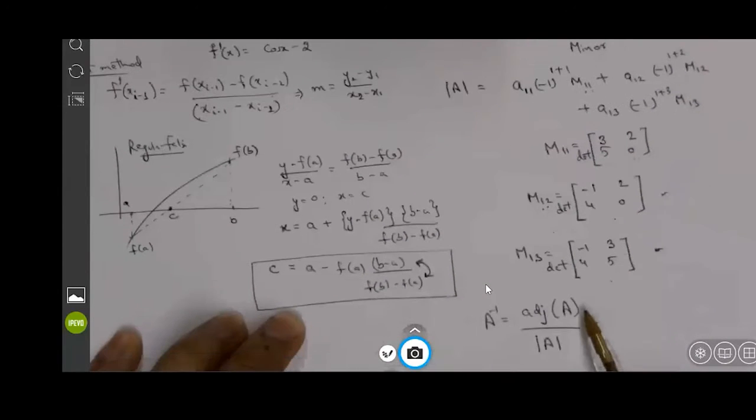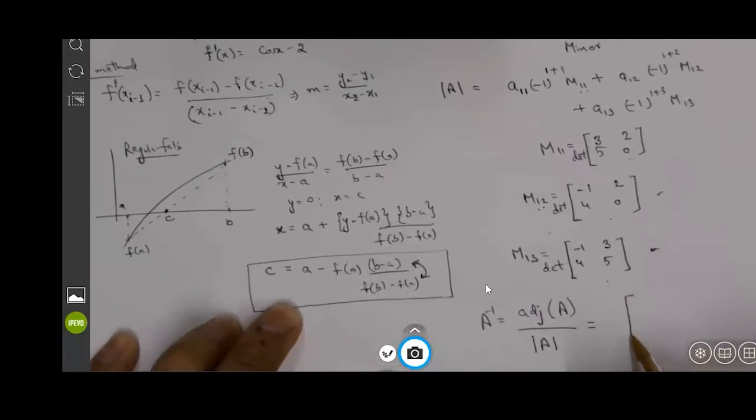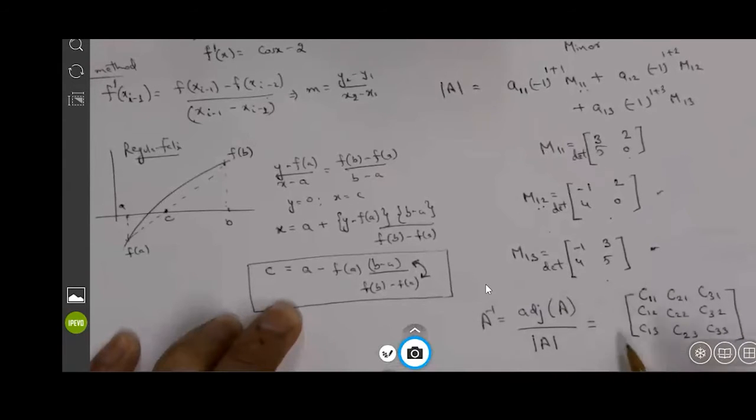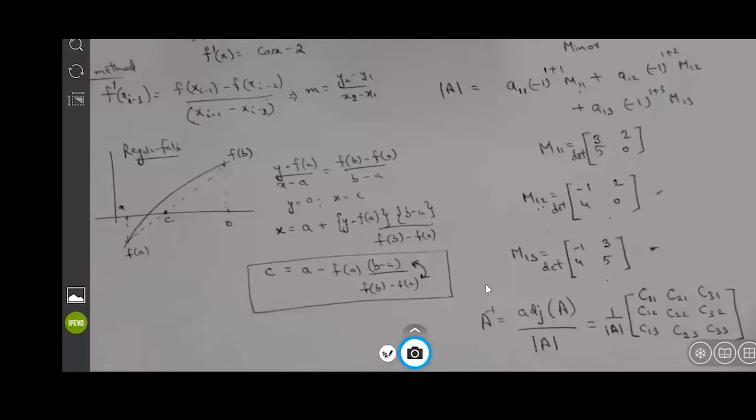Now adjoint of A is basically a matrix obtained from the cofactors: C11, C21, C31, C12, C22, C32, C13, C23, C33. This is basically the adjoint, and divided by determinant of A will be your inverse.